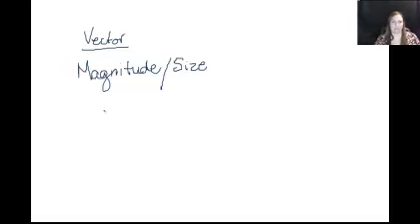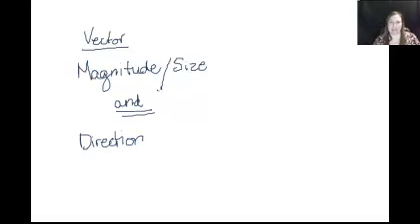Okay, a vector is something that has a magnitude, or you could refer to magnitude as a size, and this is really important, and it has direction. Okay, so a vector has a magnitude or size and a direction.